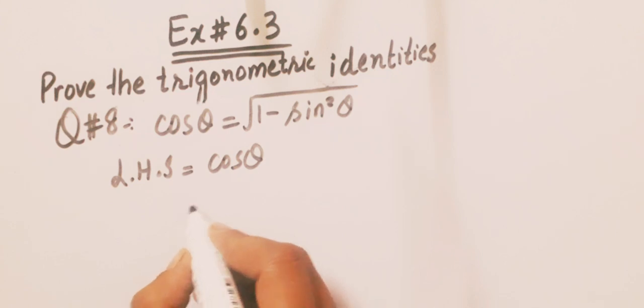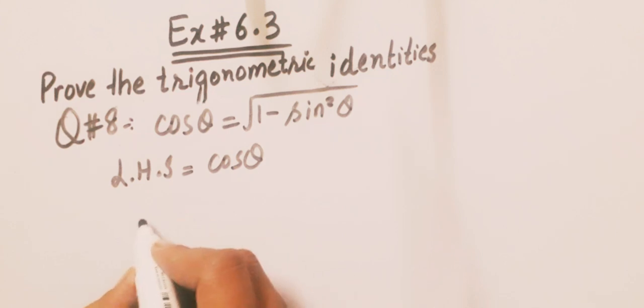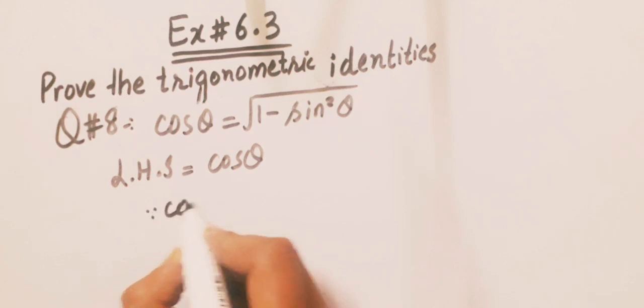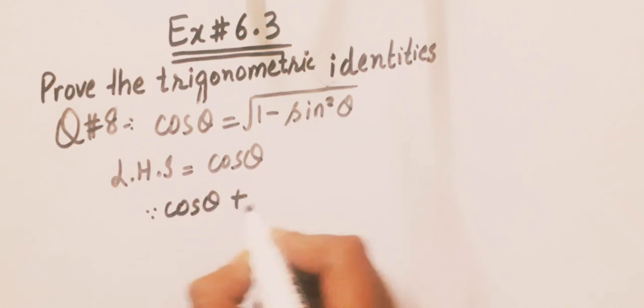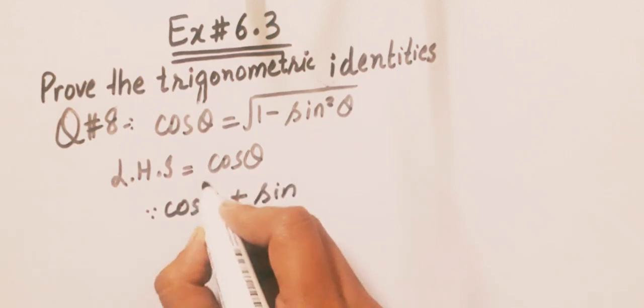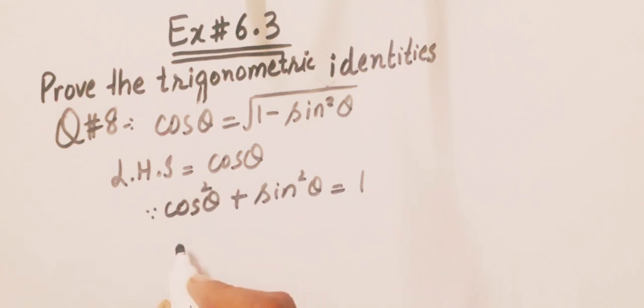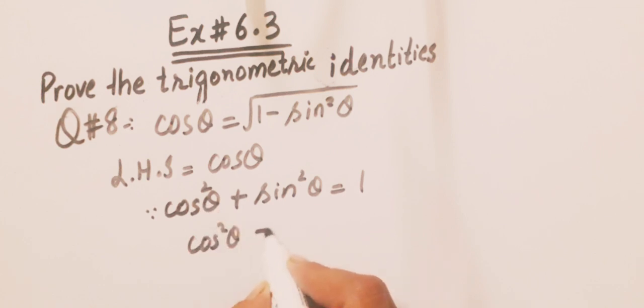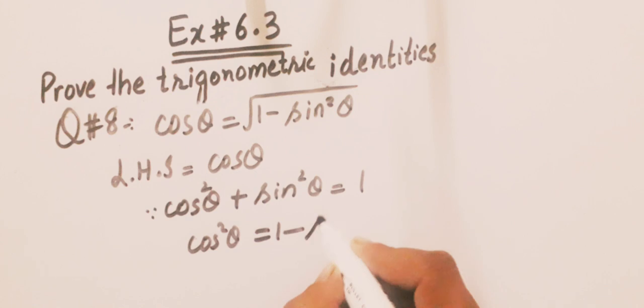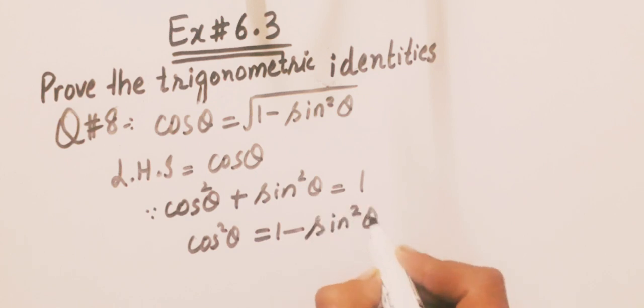Now, we know that cos square theta plus sin square theta is equal to 1. So, the value of cos square theta is equal to 1 minus sin square theta.